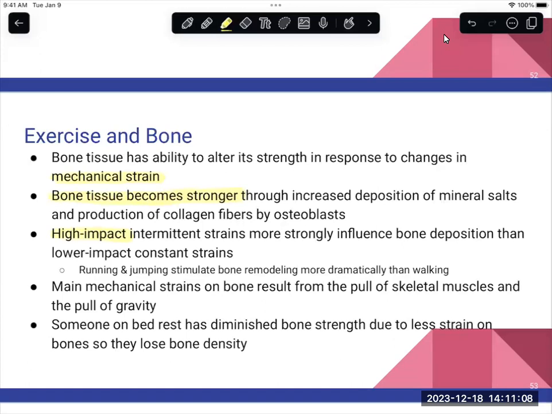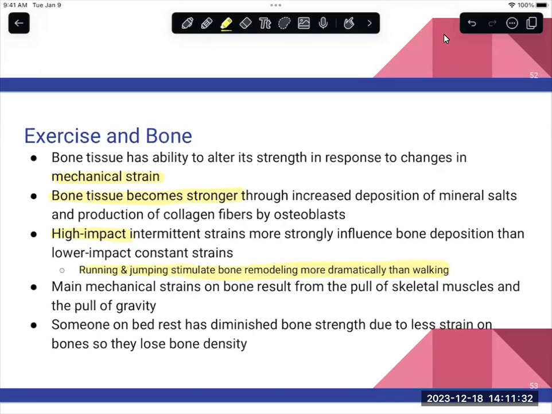So running, jumping actually stimulates your bones to be stronger than walking. And what causes that is those muscles that are pulling on that bone in those areas where they attach.